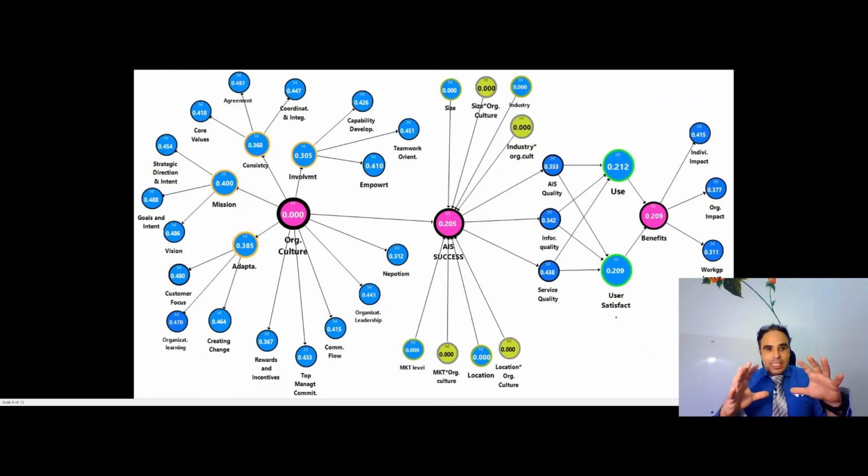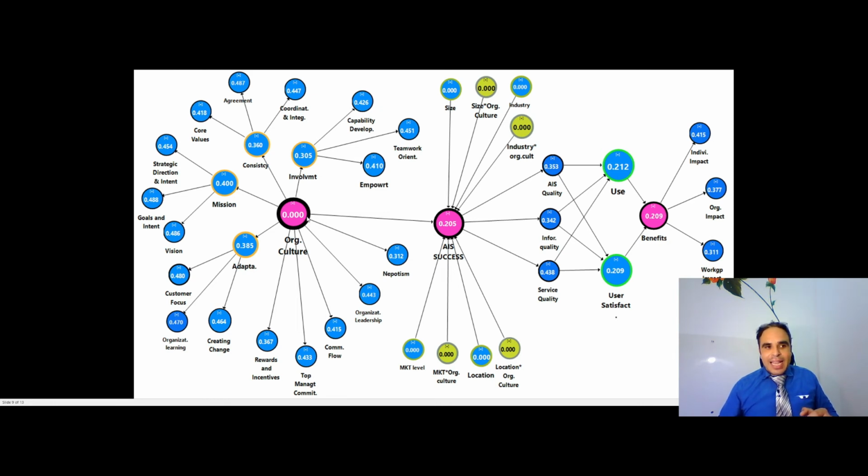As you notice, this is one structural equation model that I constructed for my PhD, studying how organizational culture impacts AIS success. But as I already explained, organizational culture is not a simple variable that can be studied.